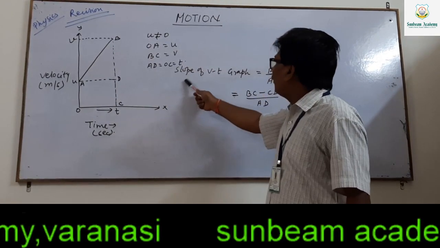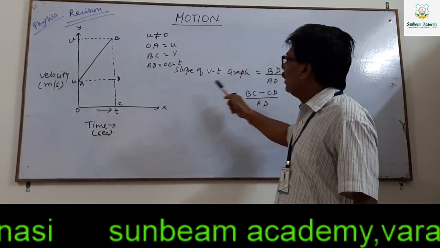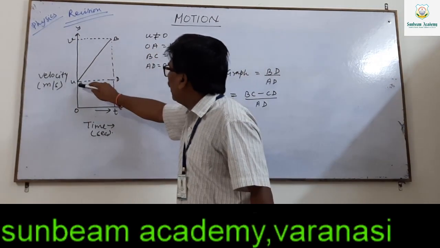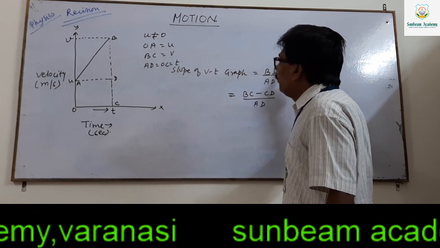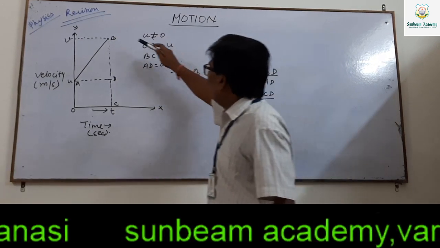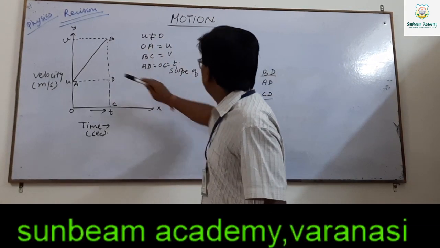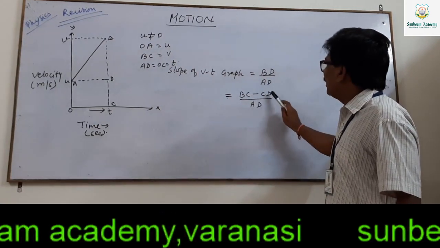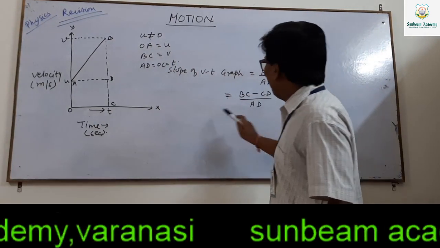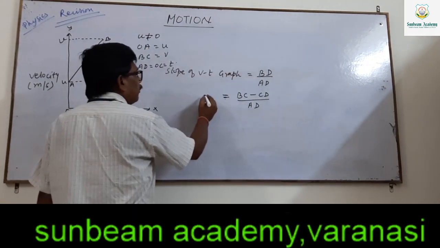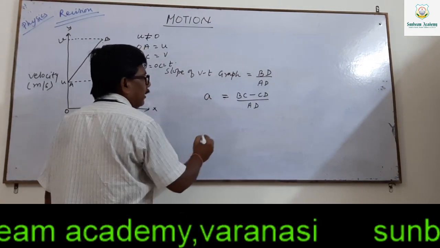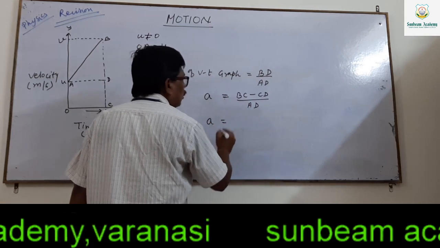Now the slope of the velocity time graph will be BD upon AD. BD we can write as BC minus CD, so BC minus CD upon AD. Now this slope of the velocity time graph gives acceleration A. Now A is equal to BC minus CD upon AD.